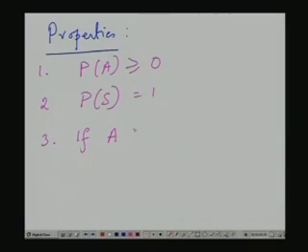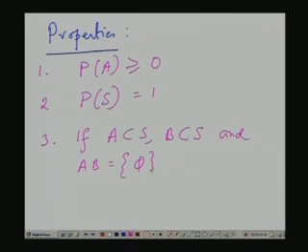if A is an event of S, B another event, and they are mutually exclusive, that is, AB is phi, then P(A+B) equals... What is A+B?